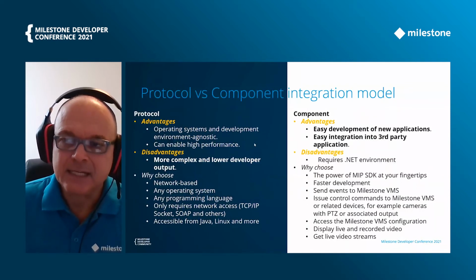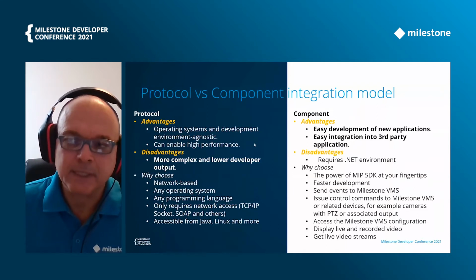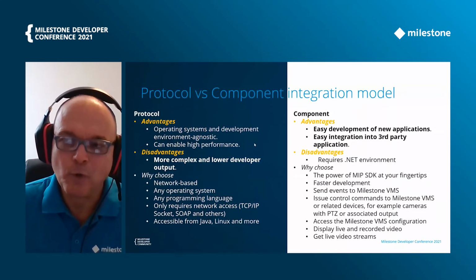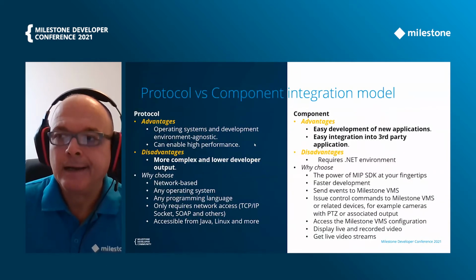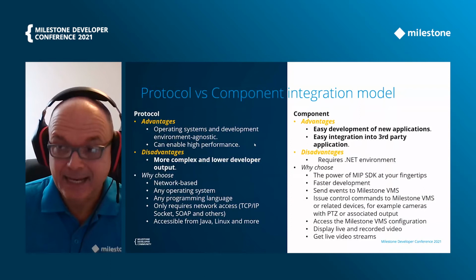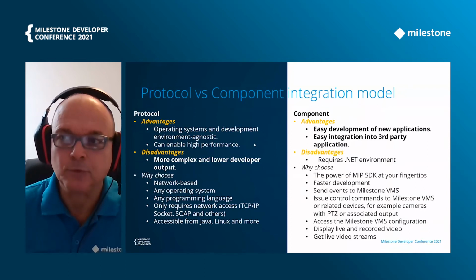The disadvantage is that it requires a .NET environment, but I hope and I believe it's not a big thing. The advantages then are easy development of new applications and easy integration into third-party applications.